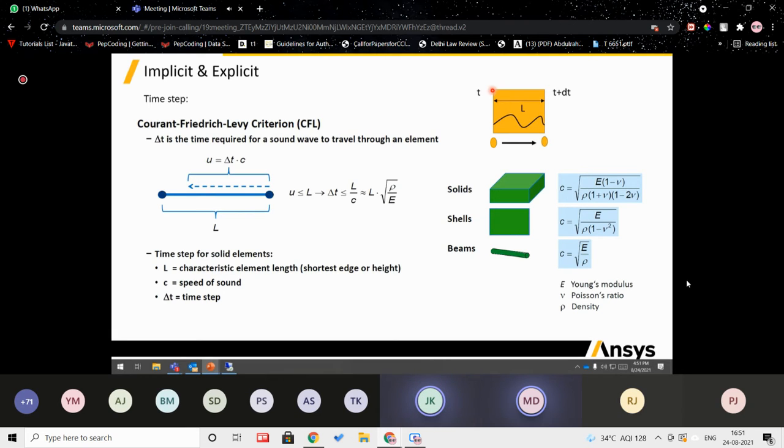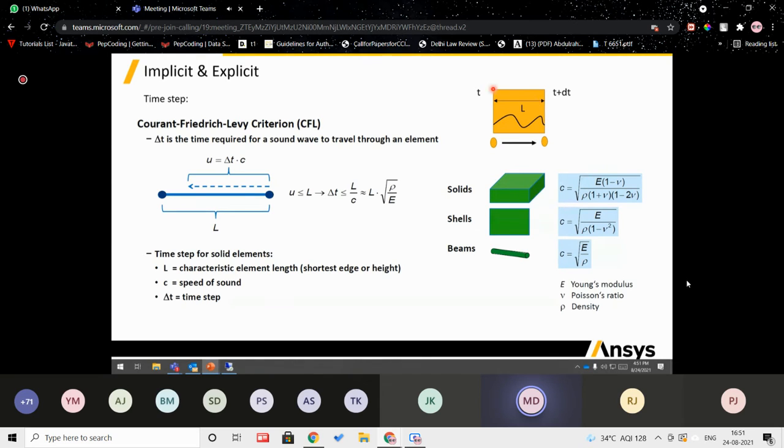If my solver, there are two terms here. One is solver time, another one is the stress wave which is traveling in this medium. So let us suppose a shock has happened and my stress wave has traveled from here to here within X time.